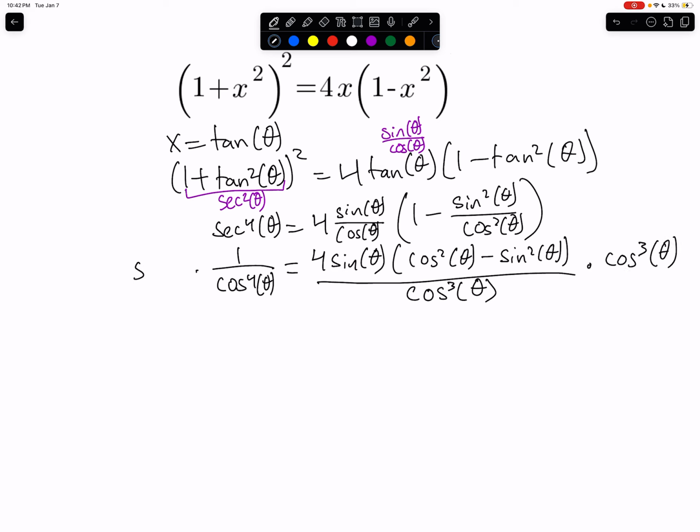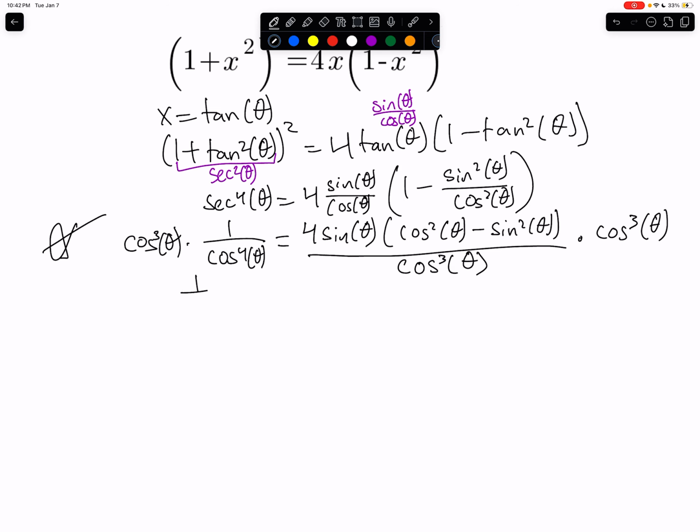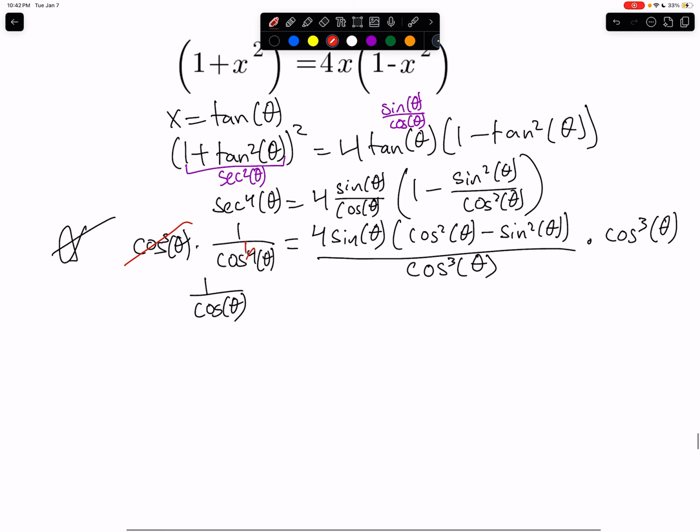You should not do this, but we're going to deal with this. Don't worry. Okay, we'll come back to this. Cosine cubed of theta. When we do this, we get 1 over cosine of theta equals 4 sine of theta.